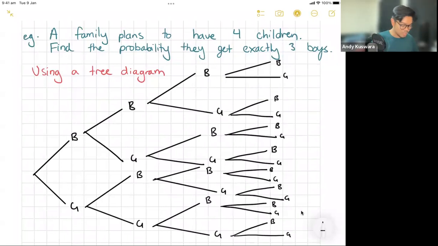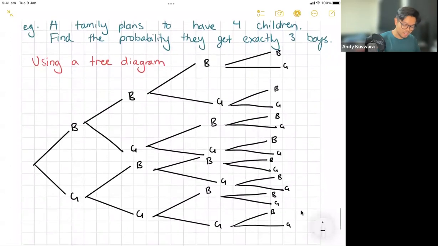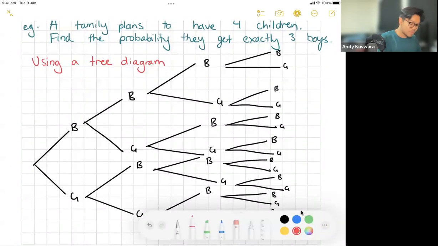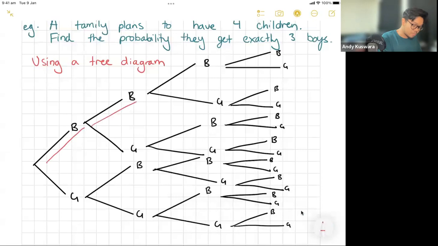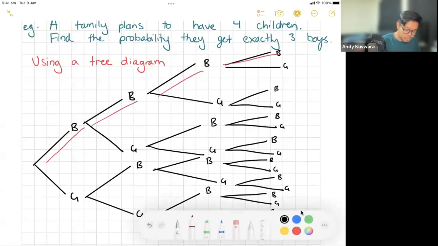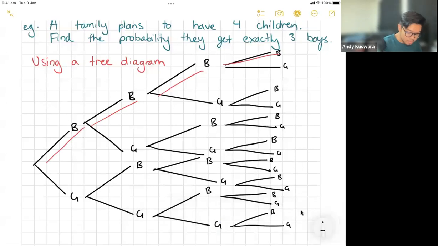Using this tree diagram, we can see that if you travel down the line, that means boy, boy, boy, boy. At the end of these, I'm going to write B, B, B, B for boys.